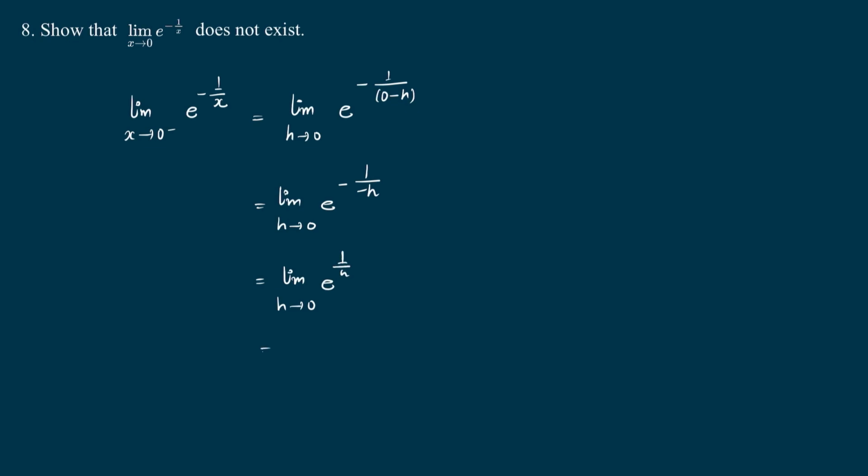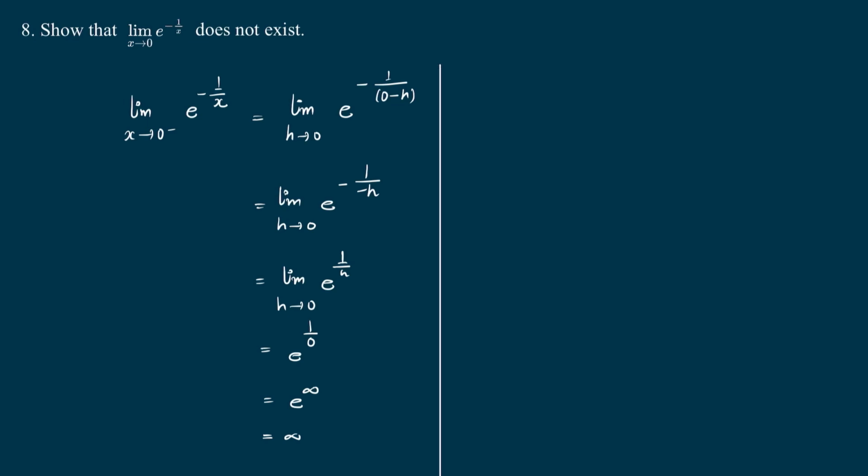Now if I put the value of h as 0, we will get e to the power 1 by 0, and since e to the power 0 is infinity, so it will be e to the power infinity, and finally the answer will be infinity. So the left hand limit is coming infinity.